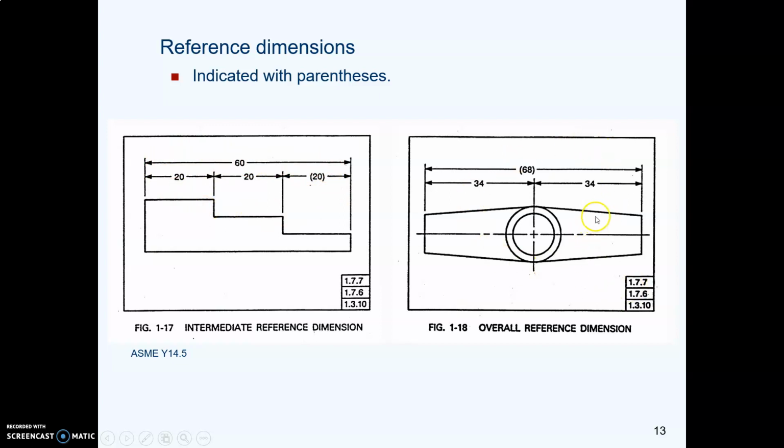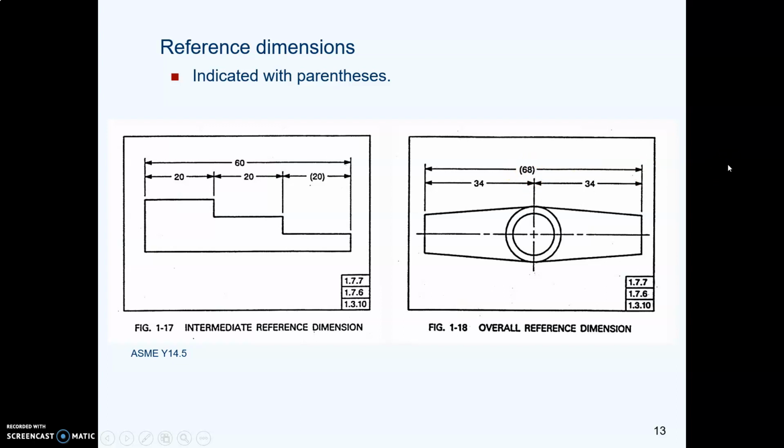Over here in this thing that looks like a kazoo, there are two 34 millimeter widths and then an overall width. And if you decide that you want both the 34s, you can still include the overall, but you need to make it a reference dimension by putting parentheses around it.